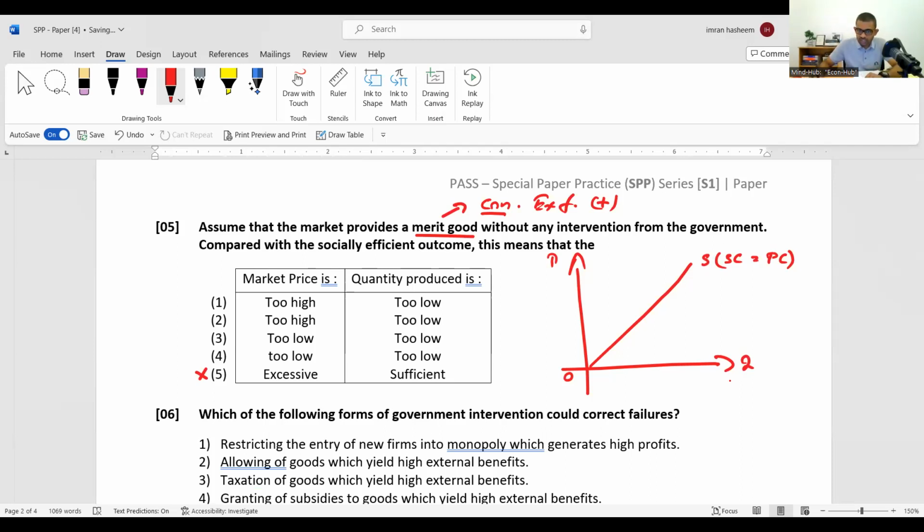Then I'll draw the initial private benefit curve this way. So this is the normal demand curve, which is based on private benefit, right? Social benefit demand curve, what would it be?